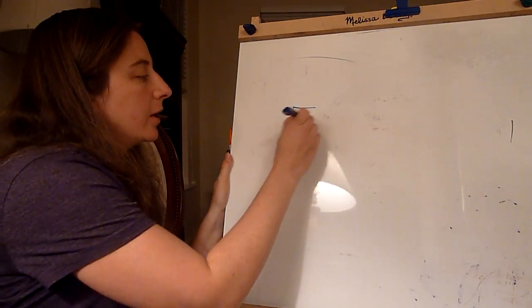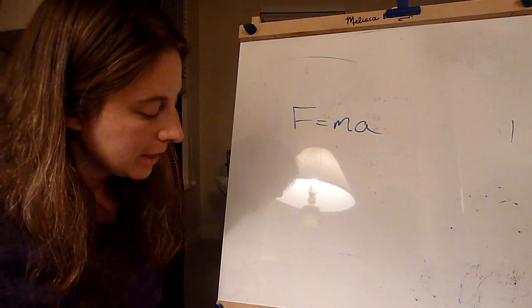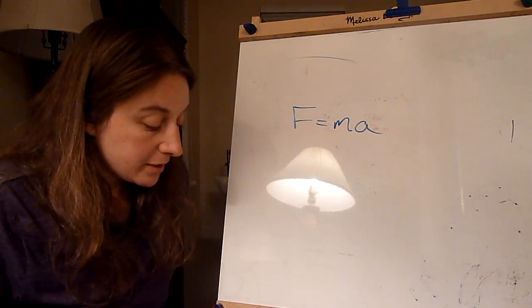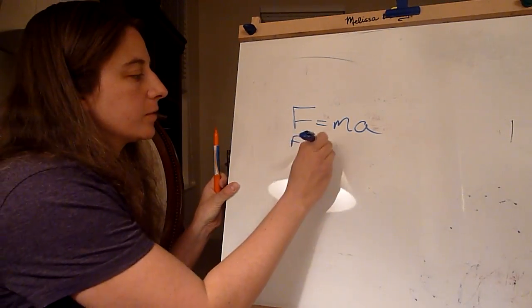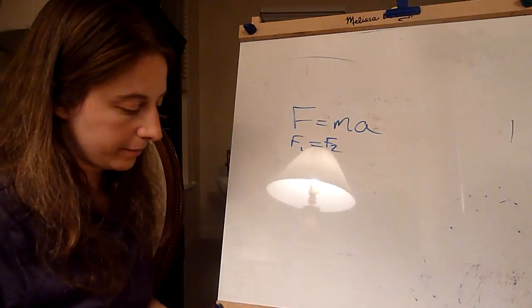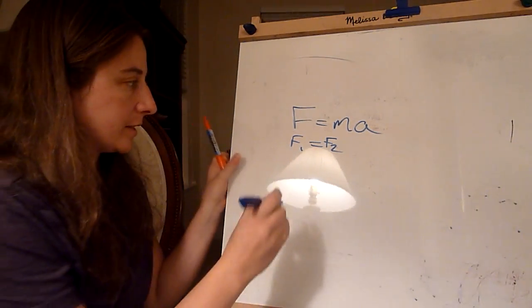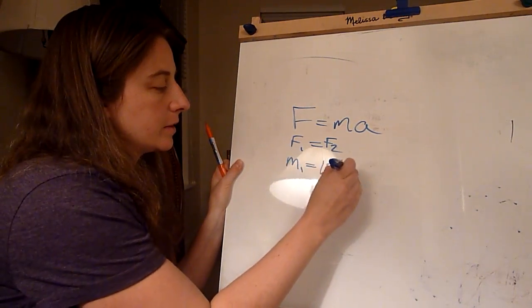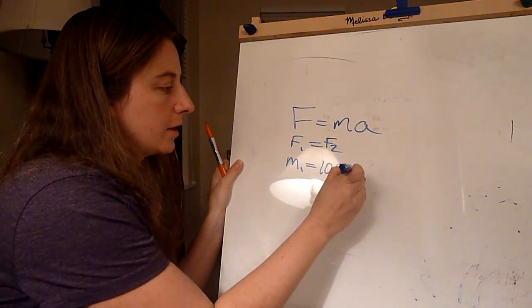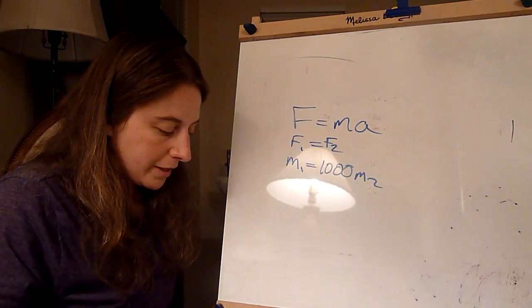Okay, so we have a force, we have a mass, and we have an acceleration. Clearly we're talking about F equals ma, Newton's second law's equation. It says a student applies the same force to two objects, so the first force and the second force are equal, right? The first is 1,000 times more massive, so mass 1 equals 1,000 times mass 2.